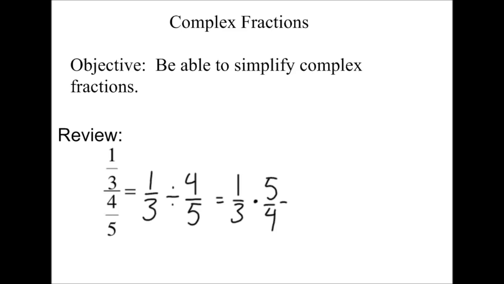Go ahead and multiply straight across the numerators and the denominators. So more or less, we are flipping the bottom fraction in order to multiply them together, just like we're doing with dividing rational expressions.